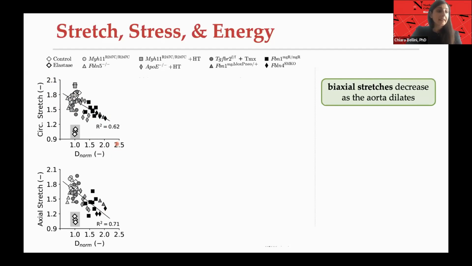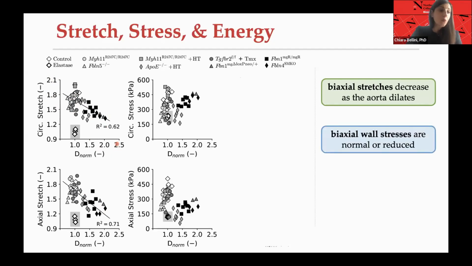Next, we found that biaxial wall stresses are either normal or reduced in all mutant and pharmacologically treated models. This is probably due, at least in part, to increased wall thickness and the decrease in axial stretch. Together, this finding suggests that circumferential wall stress, not stretch, is controlled during aneurysmal enlargement.